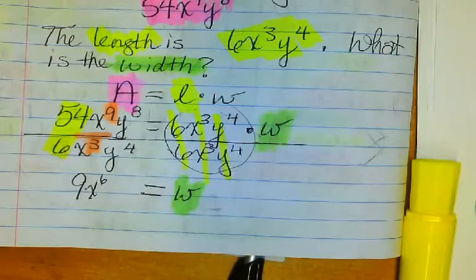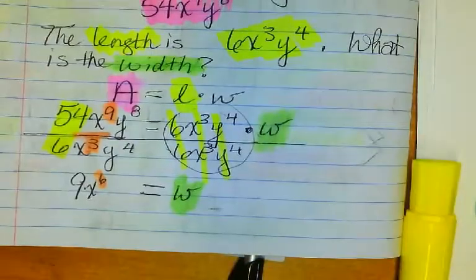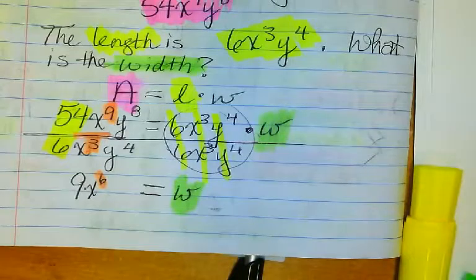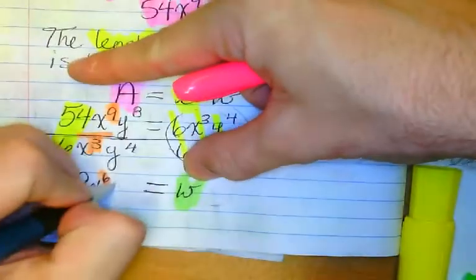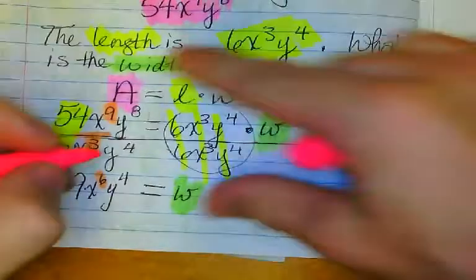Darwin, por favor, copia. Ok, y luego, tenemos aquí 8 y 4. Son elevados. So, ¿qué es 8 menos 4? 4. Muy bien. So, y elevado a 4. Okay.